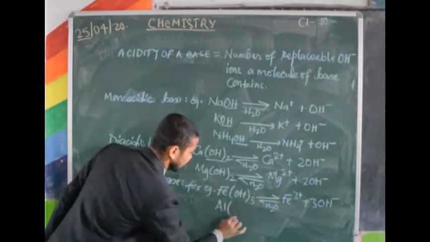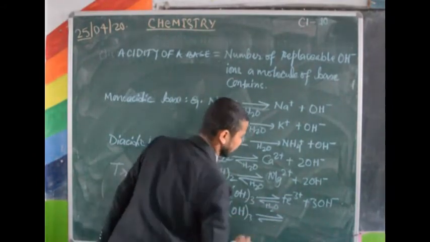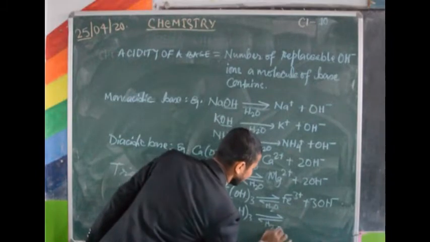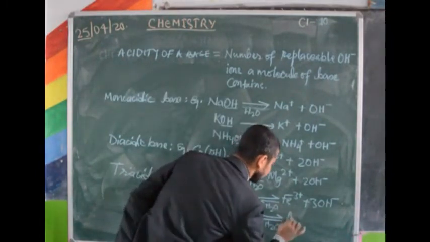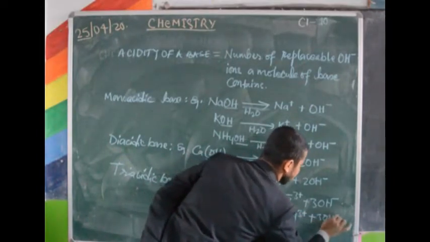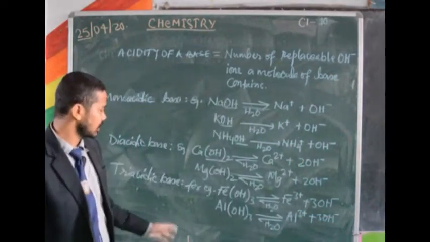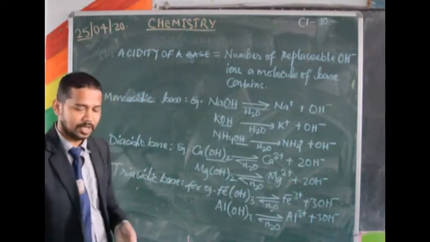Similarly, aluminium hydroxide, when it dissolves in water, also gives 3 hydroxyl ions. As a result, aluminium hydroxide is also a triacidic base.